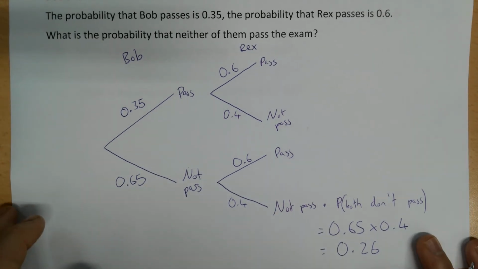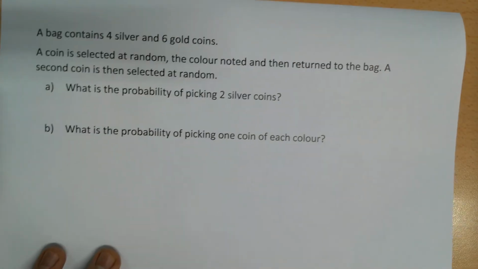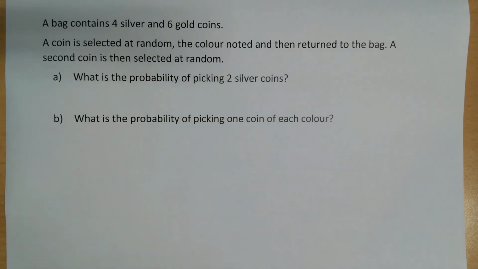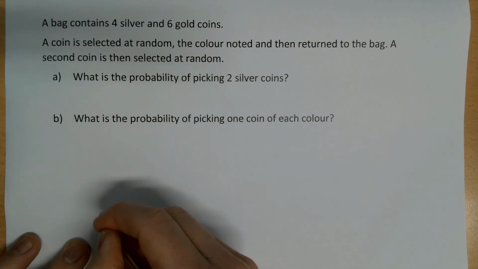Okay, last example for the video today. A bag contains 4 silver and 6 gold coins. A coin is taken and then put back in, and then a second coin is taken. So again, we've got the first coin and the second coin.